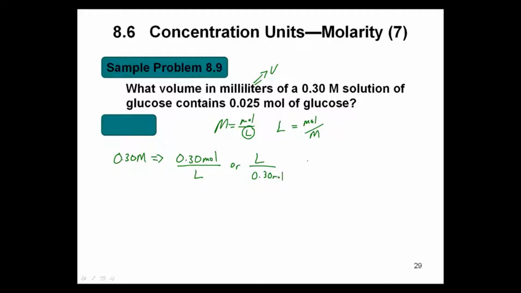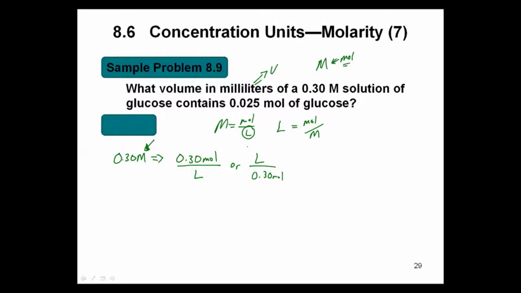I highly recommend converting this big M into those two units, because it is extremely common that people, for some reason, will leave the big M in their calculation, and really all they focus on is moles, and they forget all about the liters part.